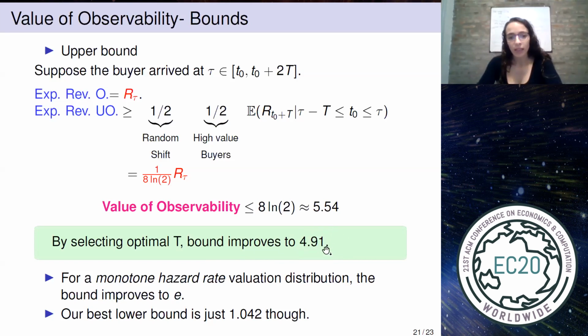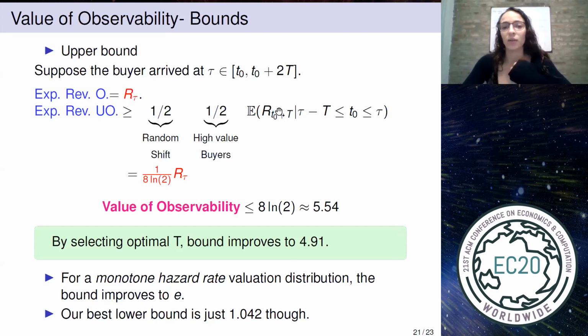In particular, if we consider valuation distributions with monotone hazard rate, this bound improves to E, just considering the constant pricing policy.